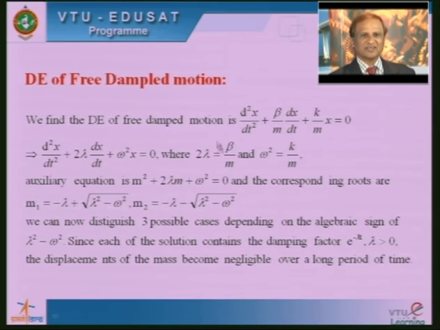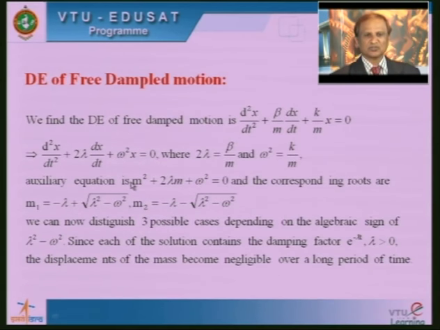Then this equation can be rewritten as m square plus 2 lambda m plus omega square is equal to 0, and it becomes an algebraic equation because I have replaced capital D by small m. And we know that it is a second degree equation.